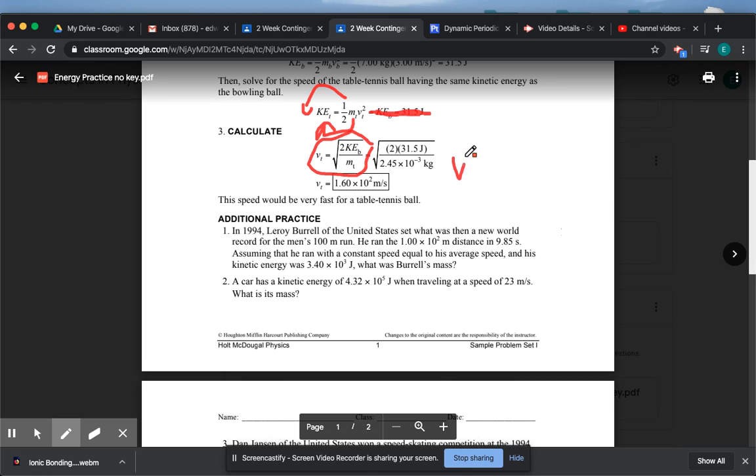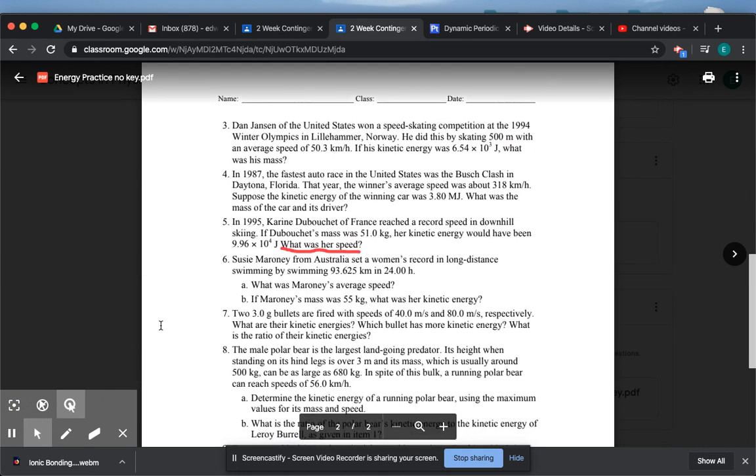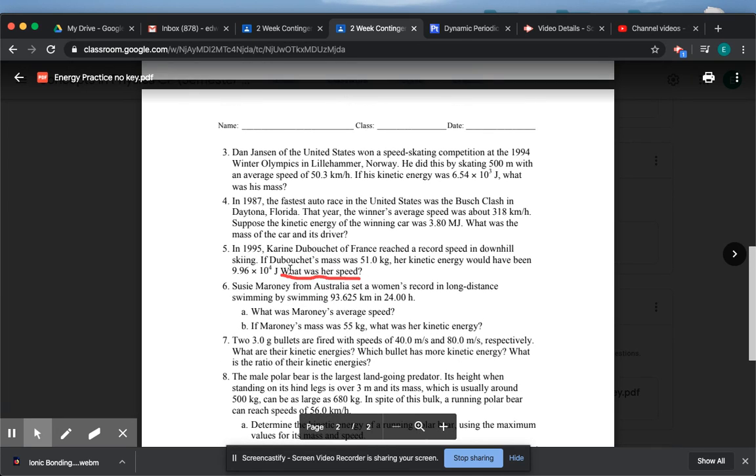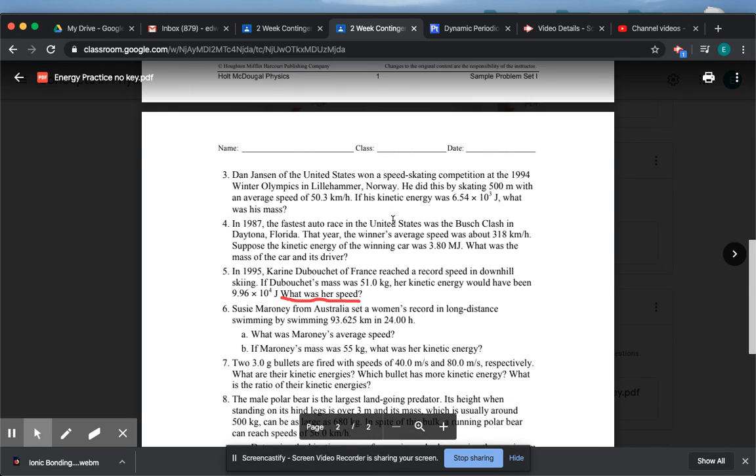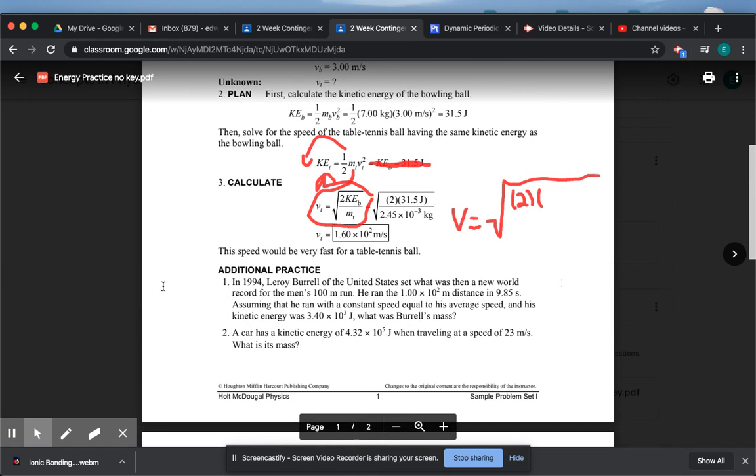So for number 5, it's just v is equal to the square root of 2 times the kinetic energy, which is 99,600, we're adding 2 zeros.